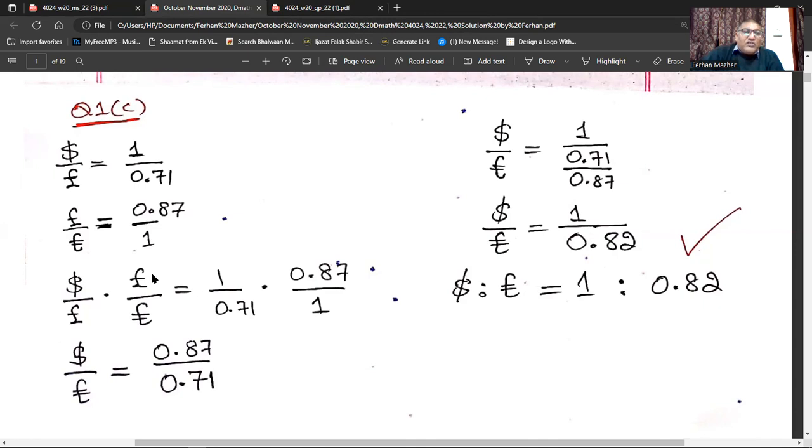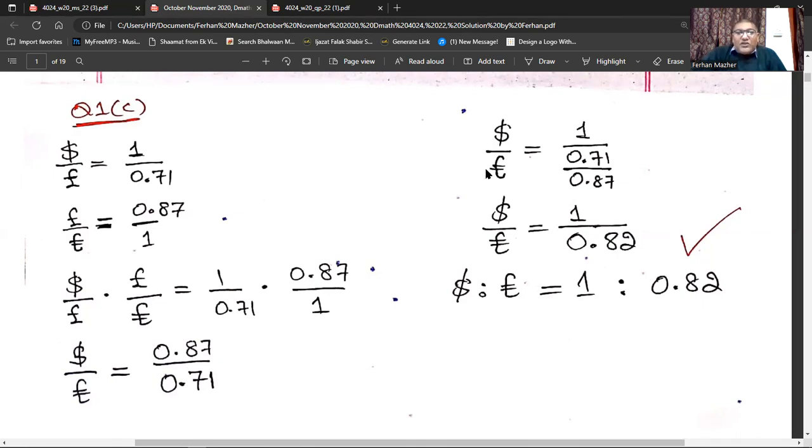So dollar by pound into pound by euro equals 1 by 0.71 into 0.87 by 1. So pound and pound will be cancelled. You will have dollar by euro, that is equal to 0.87 by 0.71. Because we want $1, I will take it downstairs, so upstairs here we'll have 1.